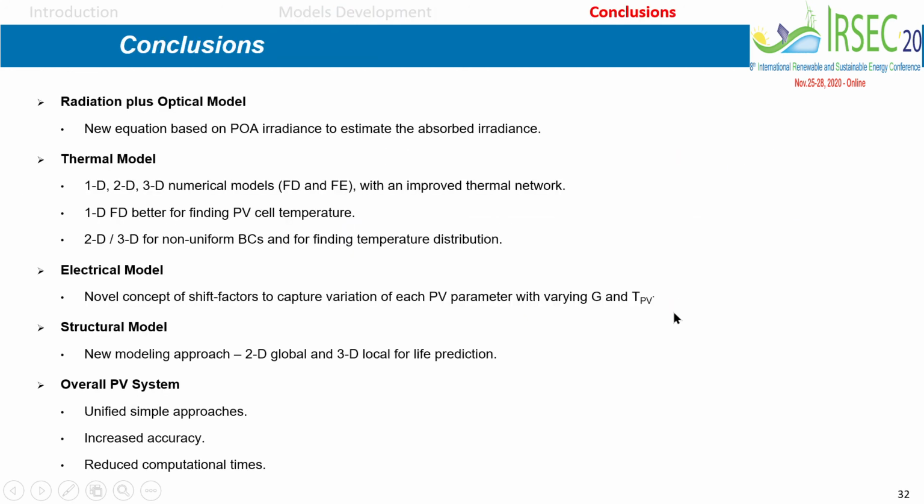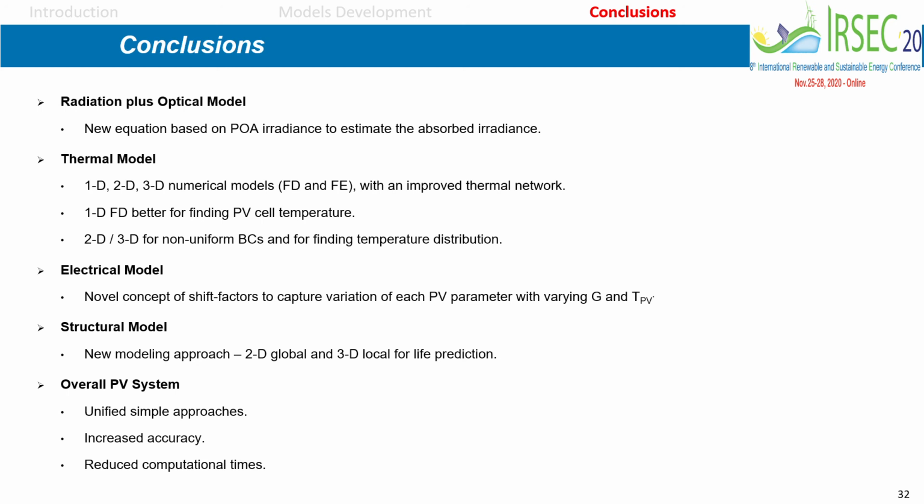So now, in conclusion, we have developed a radiation plus optical model in a unified way and simple. We have also developed an improved thermal model, one-dimensional and two-dimensional, an electrical model, and we proposed a novel concept of shift factors to capture the effect of temperature and irradiance on the parameters of the one diode model.